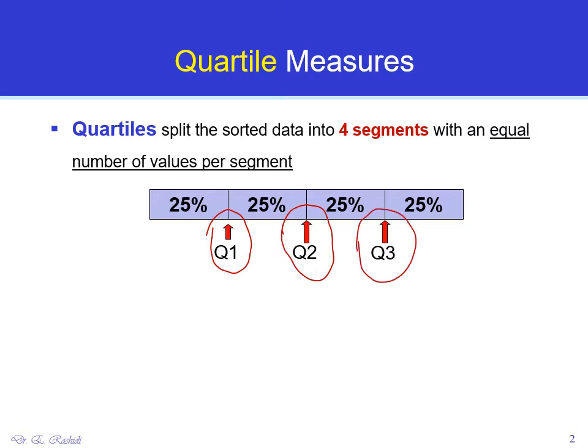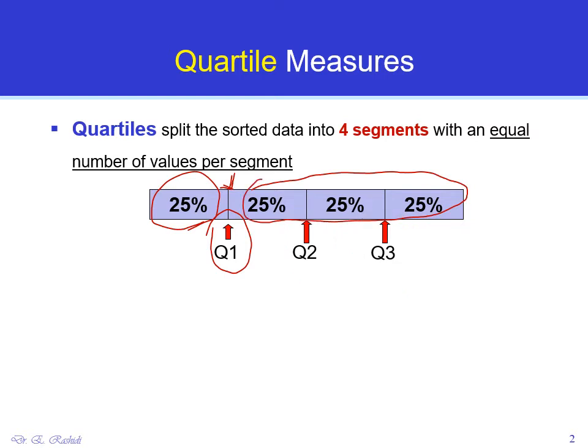A quartile is just a number here, any number here. For the first quartile, 25% of your data is smaller than the first quartile, and 75% of data is greater than the quartile, right?